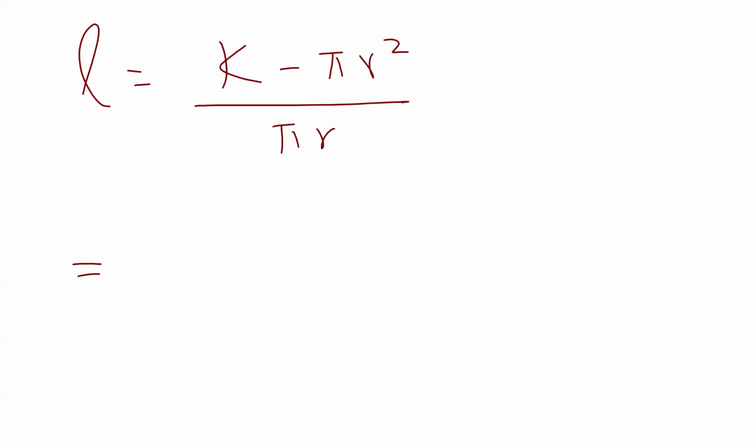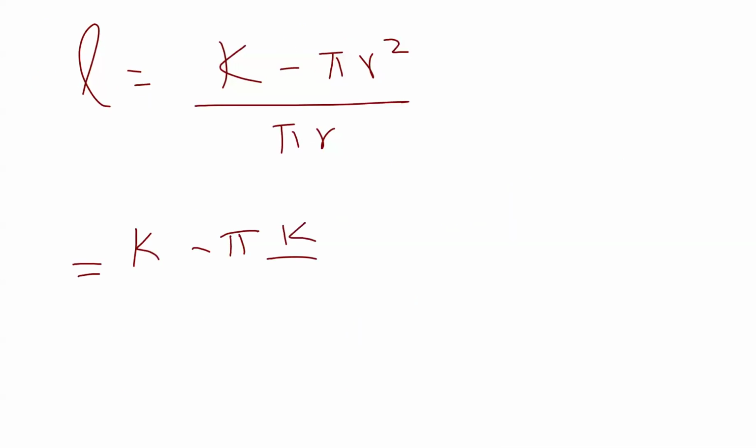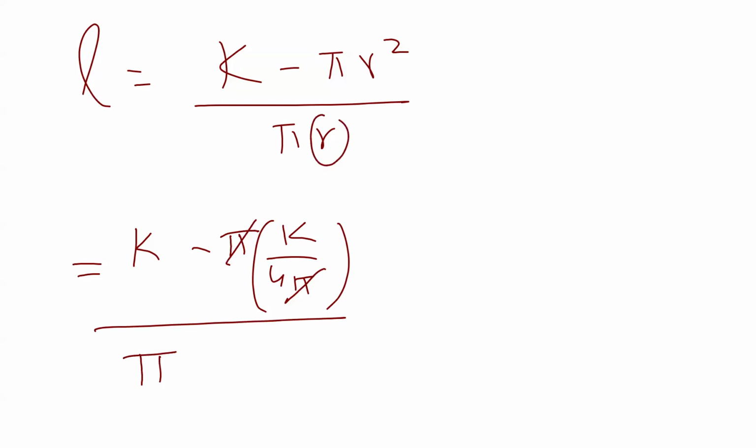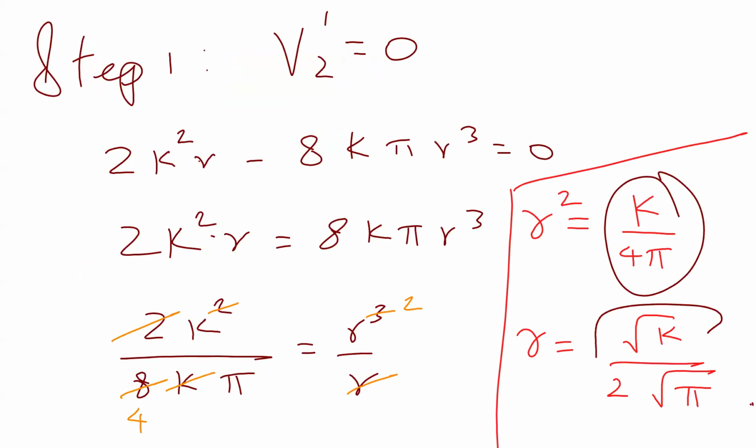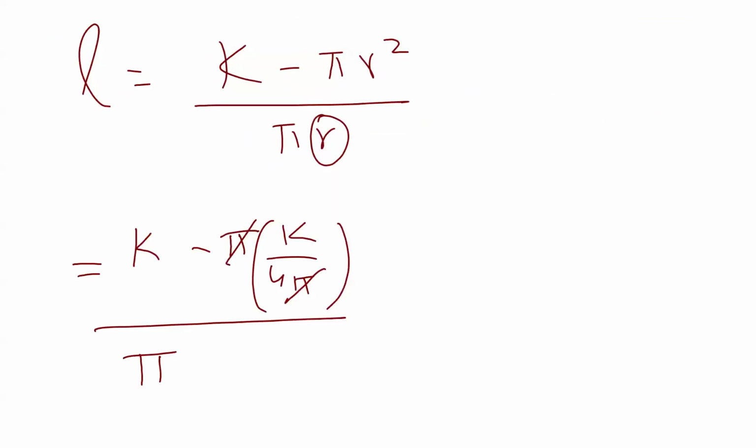So R square value is k by 4 pi. Pi and pi got cancelled. And R value, what is R? R value is this, root k by 2 root pi.